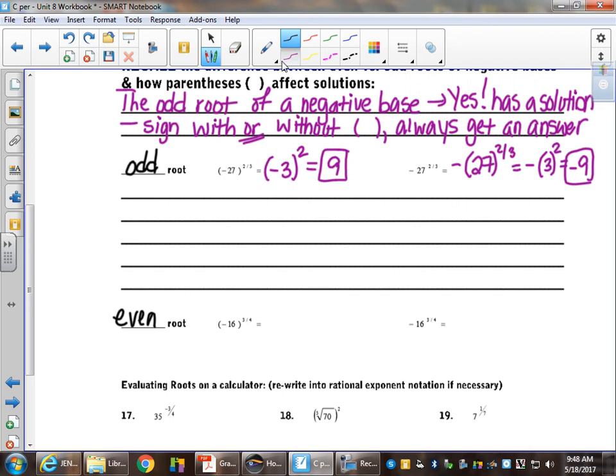With parentheses. Very good. No solution.